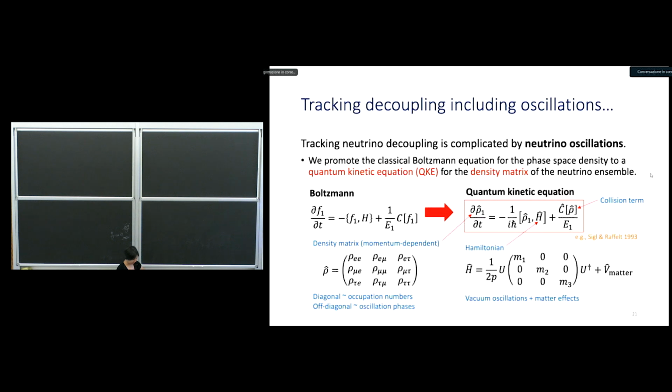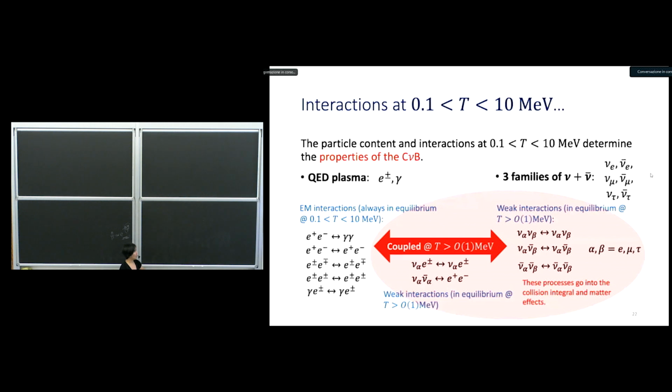Now, just to highlight the collision term and the matter density again. Remember earlier, last lecture, I talked about all the interactions that are present in the universe, all the particles that are present there between temperatures of 0.1 to 10 MeV, and a lot of them involve the neutrino.